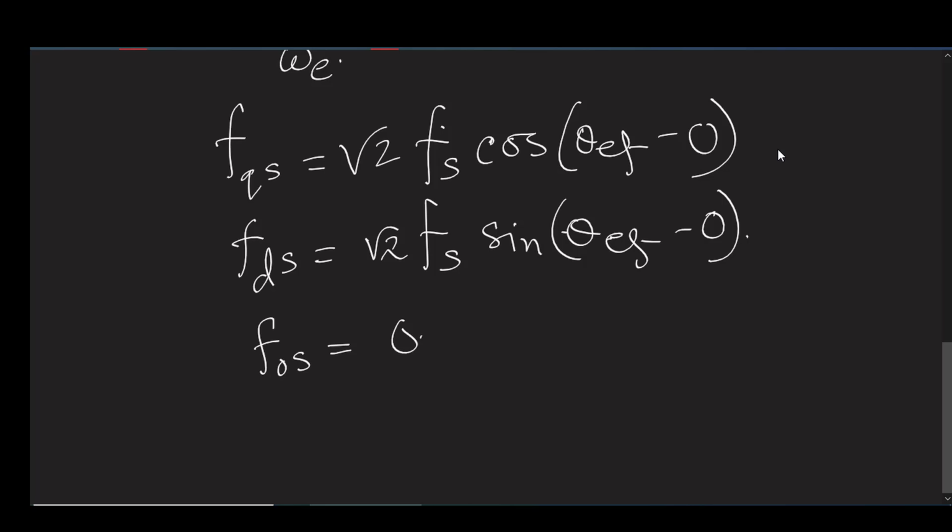So the QS and DS form a balanced two-phase set for all reference frames except when your omega is equal to omega E. That is a very interesting case when you allow your reference frame to rotate exactly at the synchronous speed. What would happen?